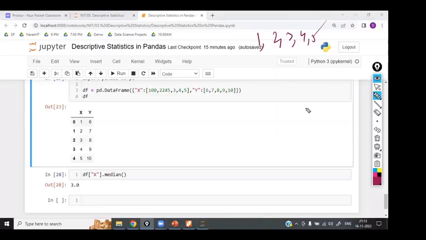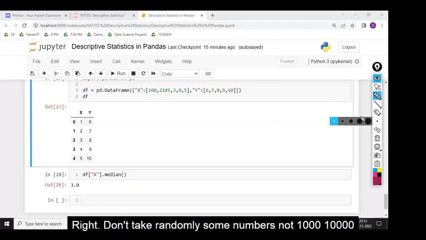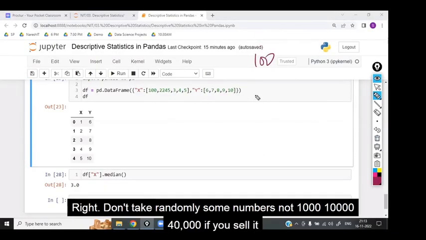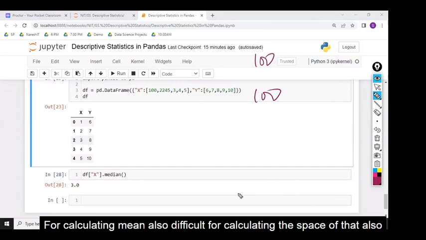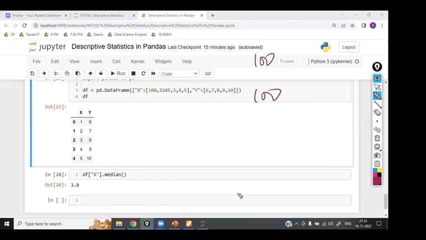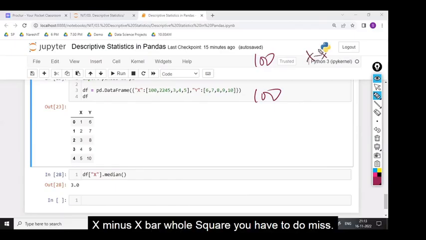So select this one, right? Don't take random numbers like 1,000, 10,000, 40,000. If you select like this, it is going to be difficult for you to calculate. Calculating the mean is also difficult, and calculating the variance will also be difficult. X minus X bar whole square you have to do.